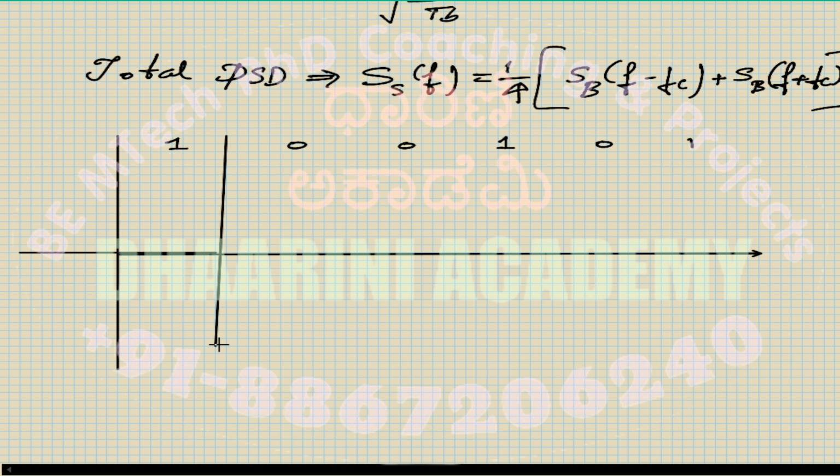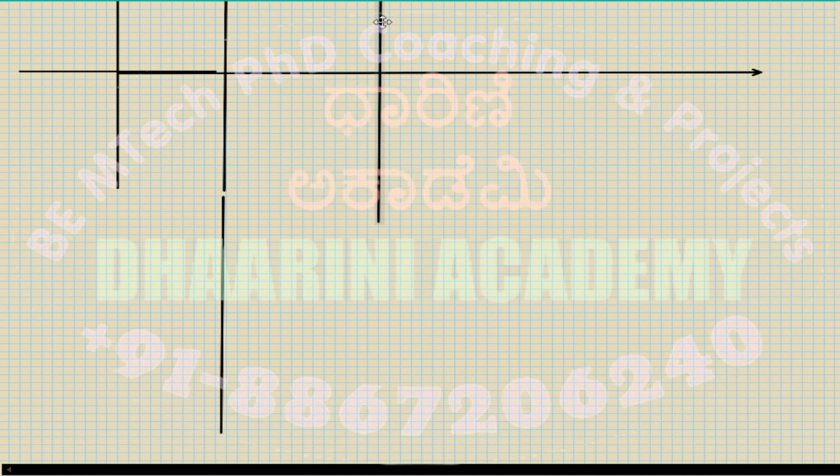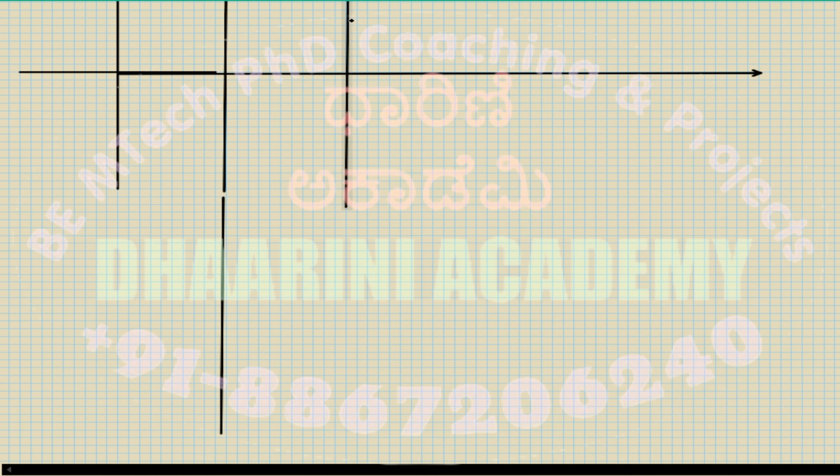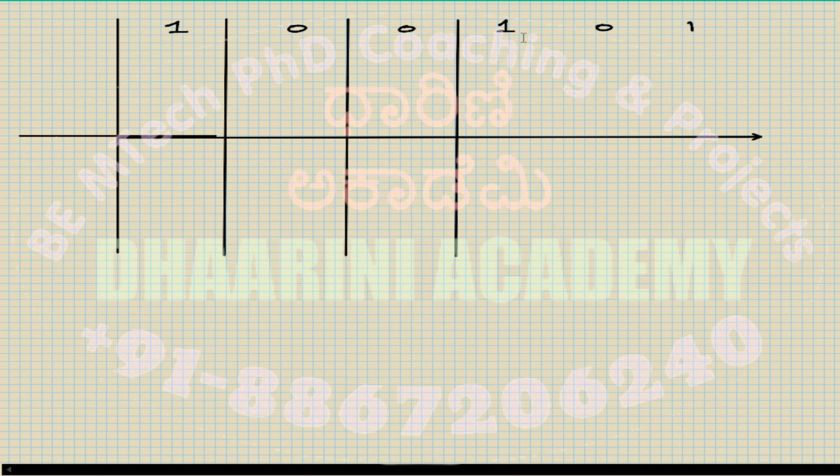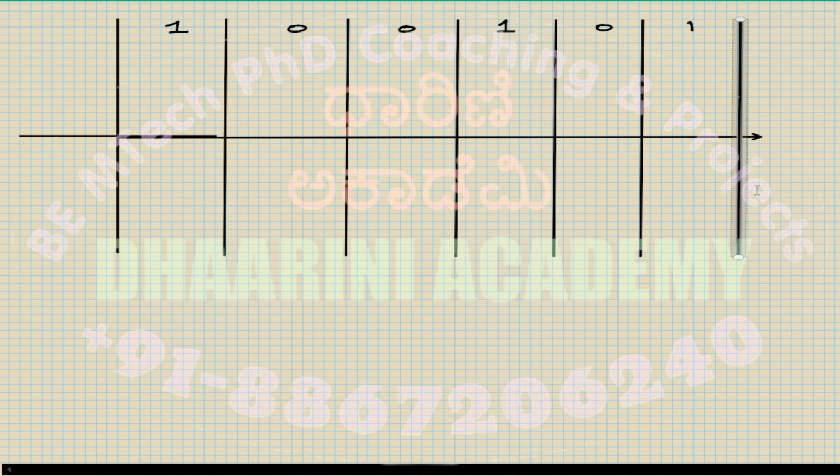So this is the symbol duration of 1. Then let me assume that this is the symbol duration required for zeros. All right, so this is how the symbols are allocated with the durations.